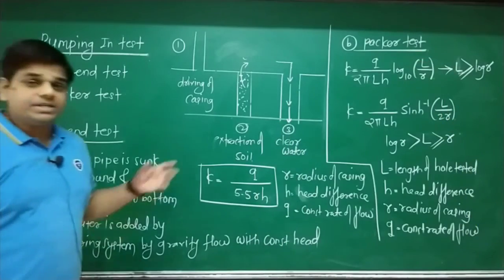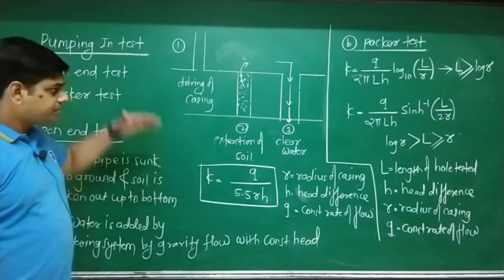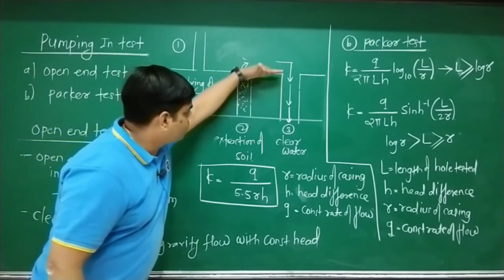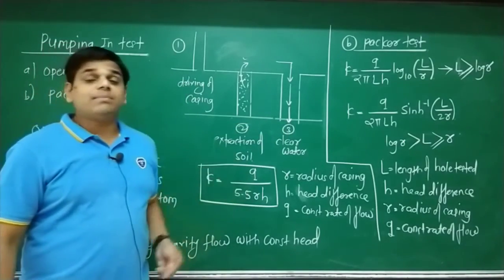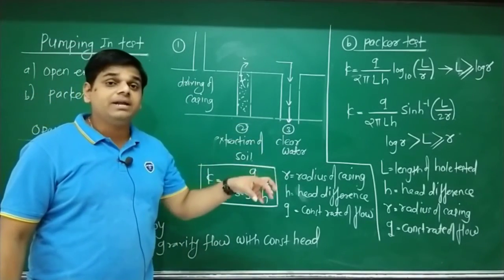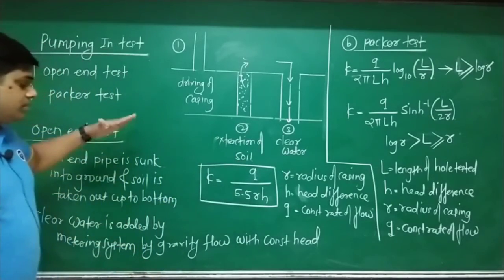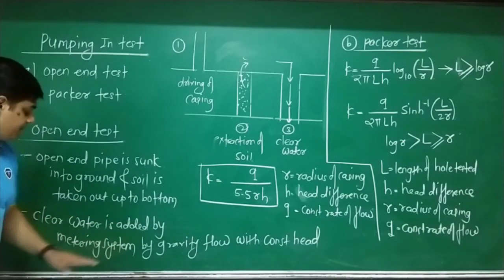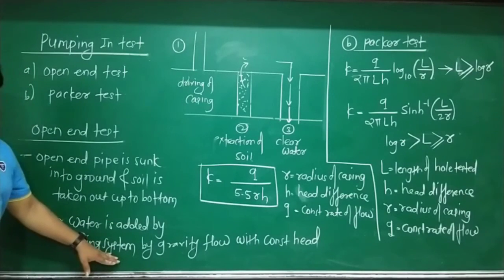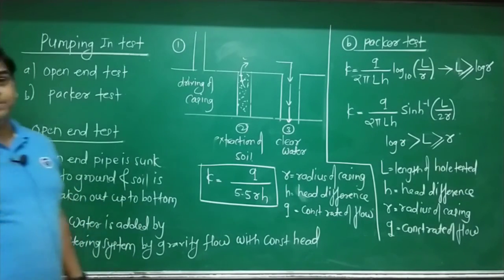Now in this case, what are the main points? Water when flows with a constant rate, we are going to measure the permeability by considering the head as a constant. So this sentence you have to mark by different color pen. Clear water is added by metering system by gravity flow with constant head.